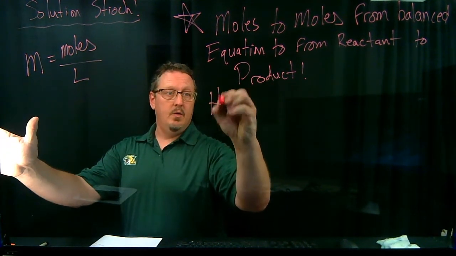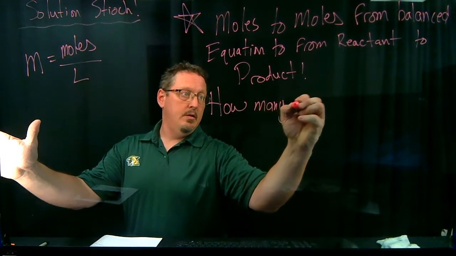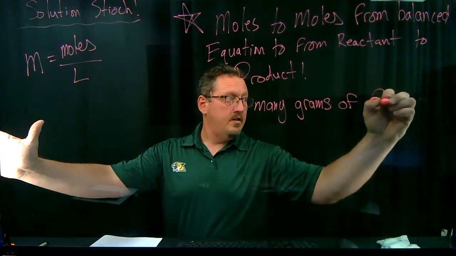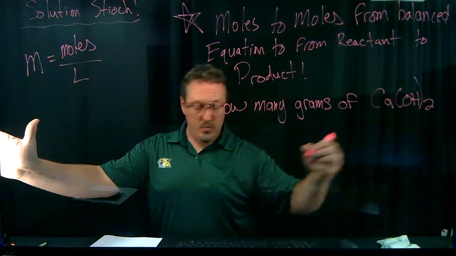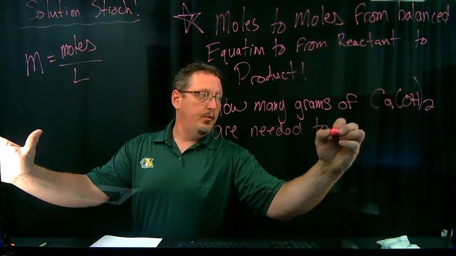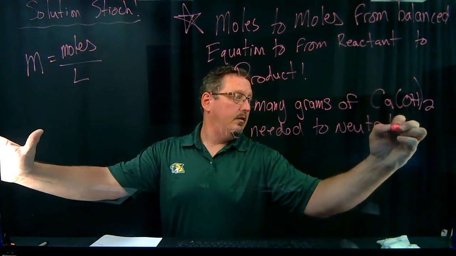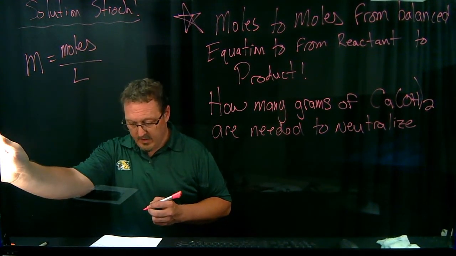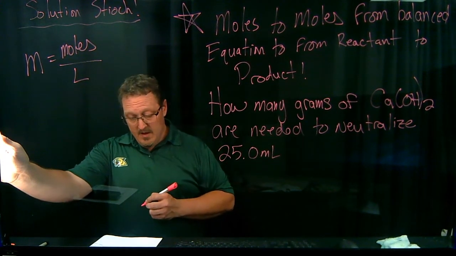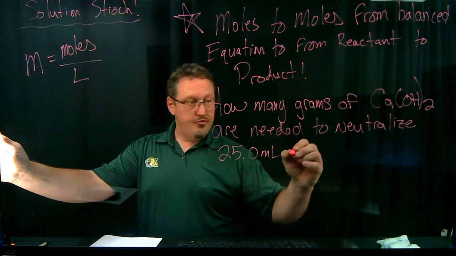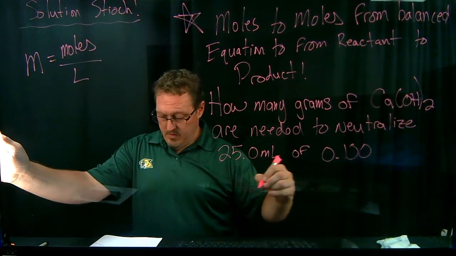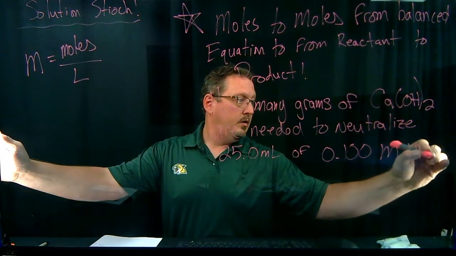How many grams of calcium hydroxide, Ca(OH)2, are needed to neutralize 25.0 milliliters of 0.100 molar HNO3?